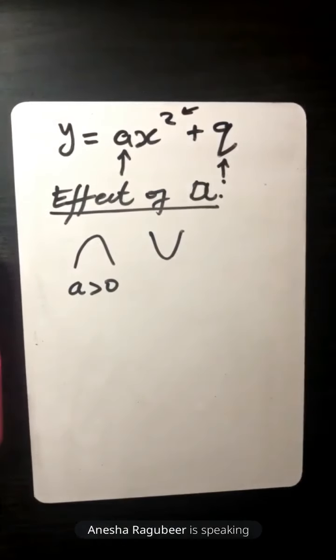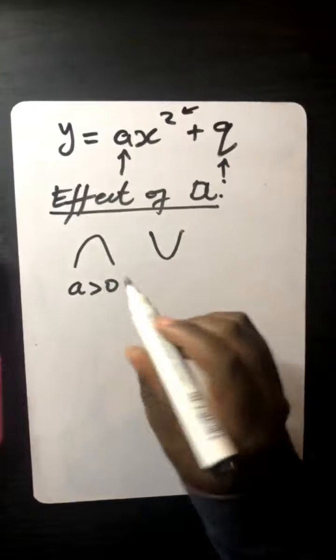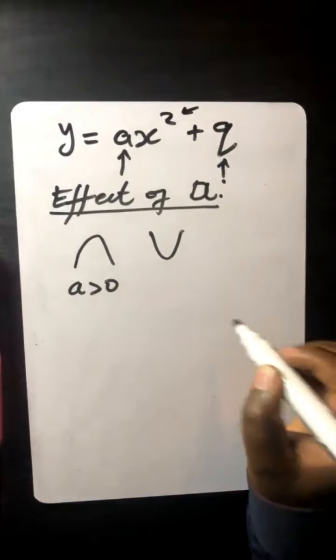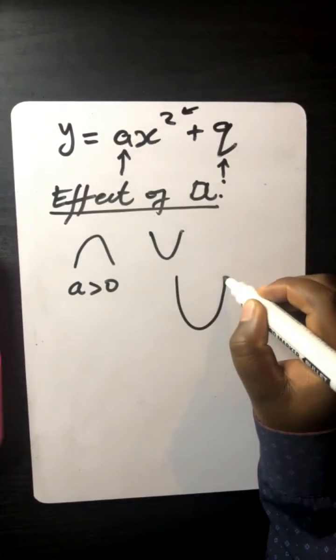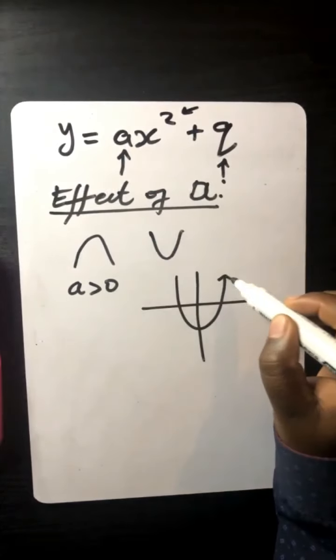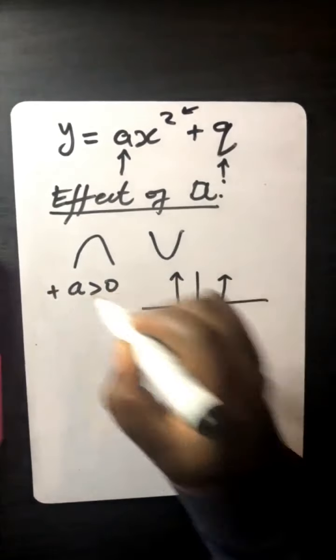You are also checking from that image that I sent, isn't it? Yes, sir. 100%. So when a is greater than 0, what are we saying? We've got a smiling shape because a is positive.